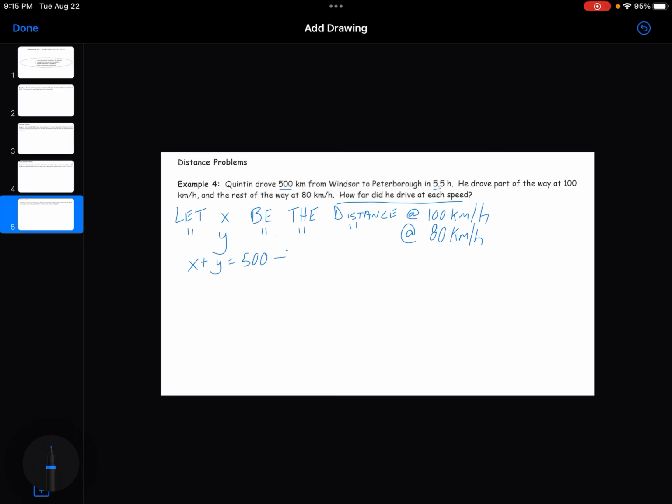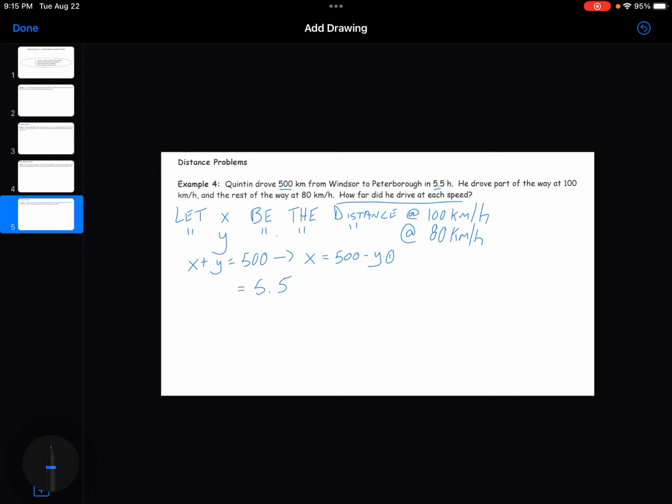Let's solve for x this time. It doesn't actually matter. We know that x is going to be equal to 500 minus y. So that's our first equation. Nice and easy. Our second equation is a little bit harder. Now I said that we're going to do one that was going to be a distance, one's going to be time. Well, we know our total time is 5.5.